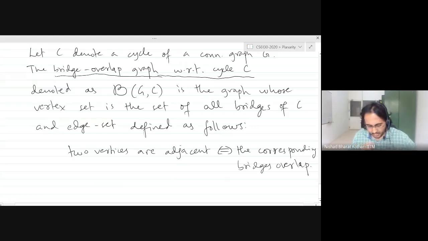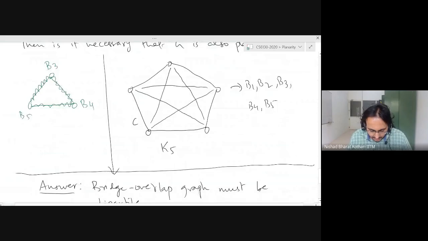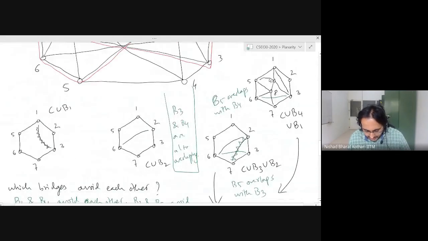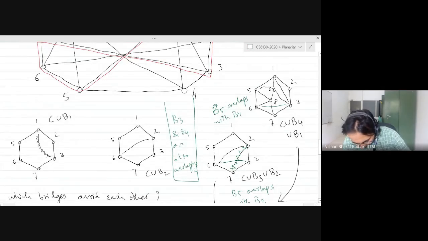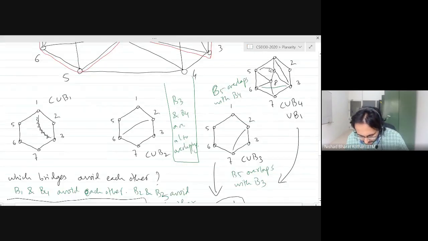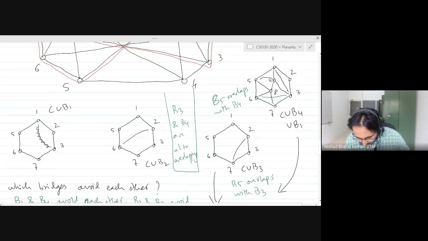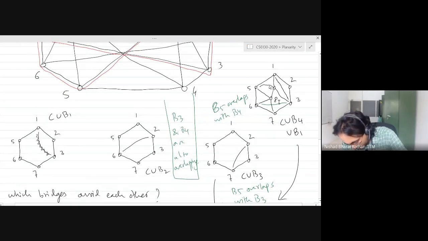Okay, so let me go back to our original example and show you the bridge overlap graph for that example. I will have to make some edits here because I made a mess. B3 is the bridge 27, so let me keep 27. So this is C union B3. I have erased the unnecessary parts. And B4, let's see how to do this.